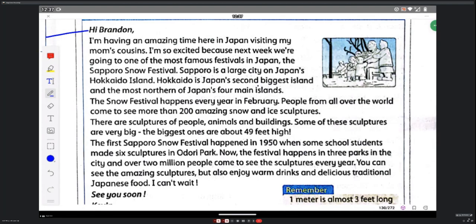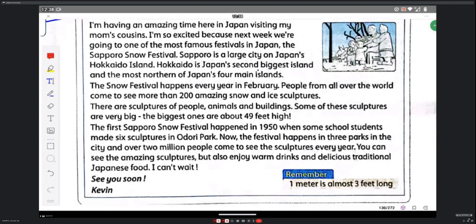People from all around the world come to see more than 200 amazing snow and ice sculptures. There are sculptures of people, animals, and buildings. Some of these sculptures are very big. The biggest one of them, about 49 feet high, is in Odori Park.